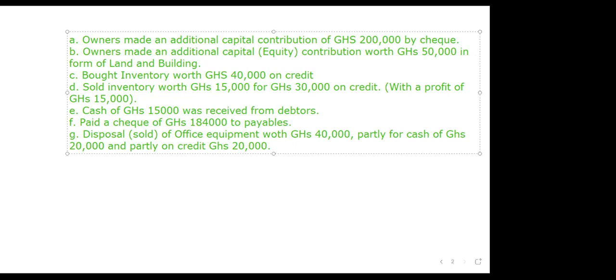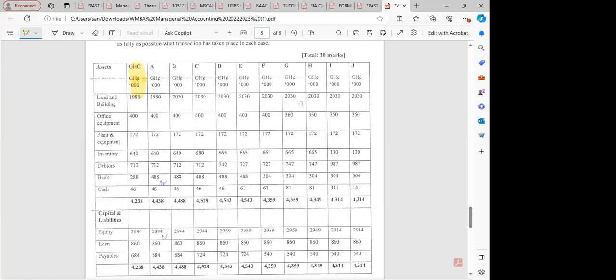Let's continue from H. So now we're looking at H against G. Okay. Land and building is still the same. We have office equipment going down from 360 to 350.